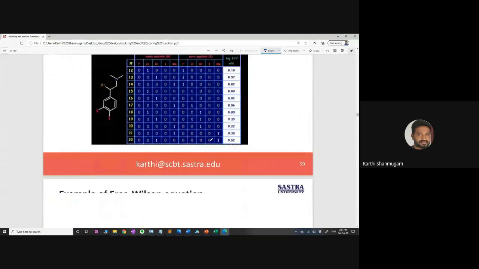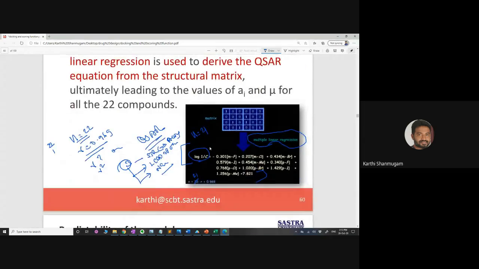This time, to this model we input the descriptor values. Already I told you that we can calculate the values of descriptors using different software or different experimental methods. Using these methods, we calculate the descriptor value for this one compound.